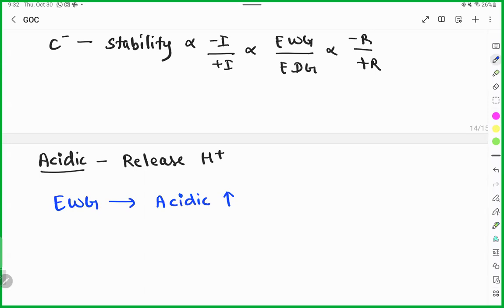Electron withdrawing group will increase acidic character. It means it will reduce basic character. Okay? It will reduce basic character. And that's all. If acidic character is increased, Ka will increase and pKa will decrease.